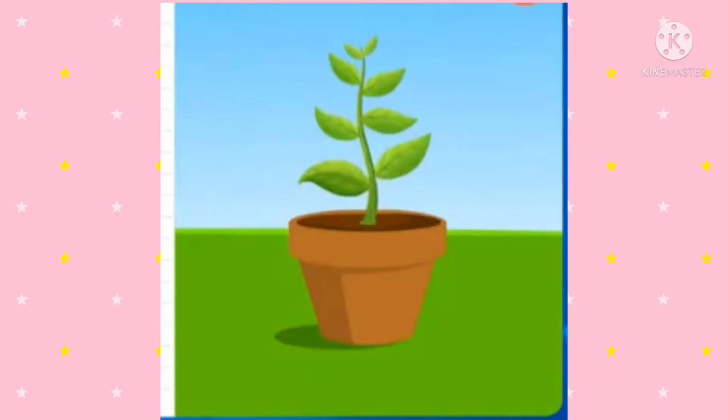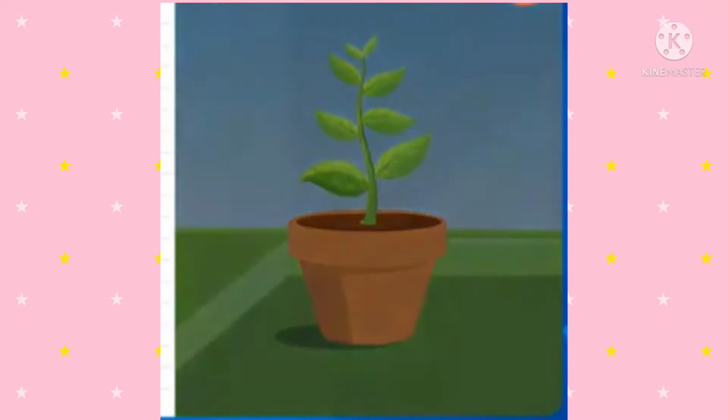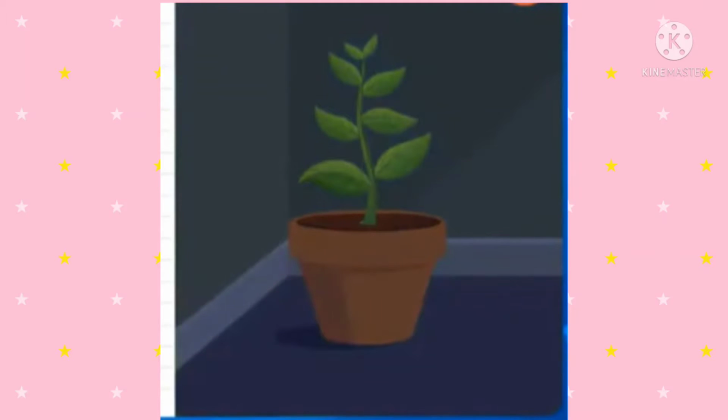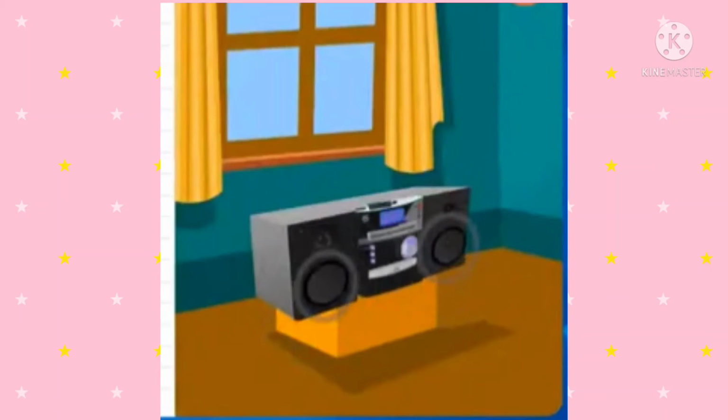Children, can you tell me why does this happen? If a pot having a plant is kept in the dark, the plant languishes. That means it becomes weak.